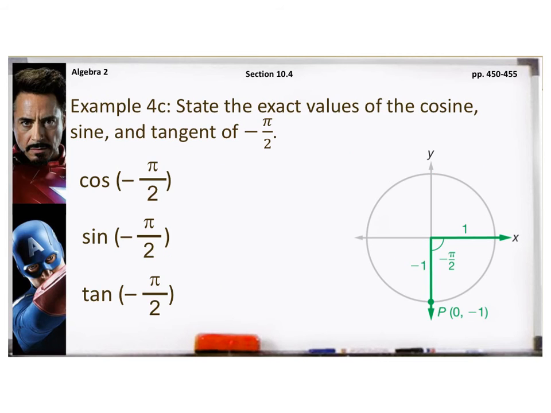All right. State the exact values of the cosine, sine, and tangent of negative pi over 2. It's labeled out here in green.